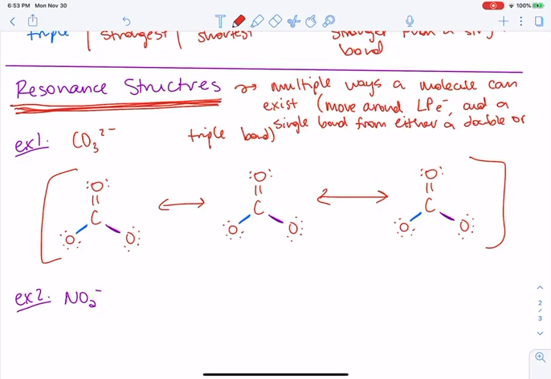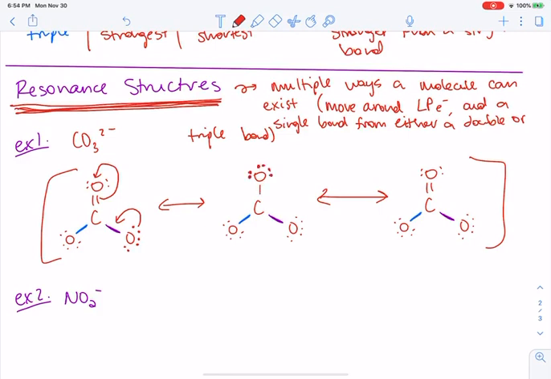So let's move some lone pairs and some stuff around. So if I were to take these lone pairs here and make them into a bond, I would kick this bond up into a lone pair. And what that would look like is this. Right?